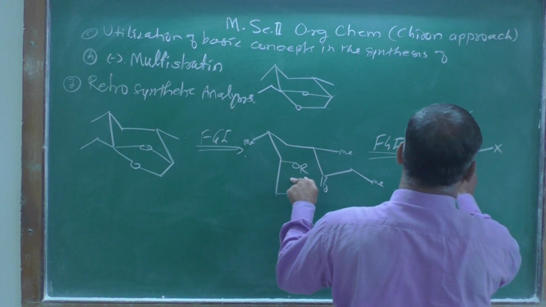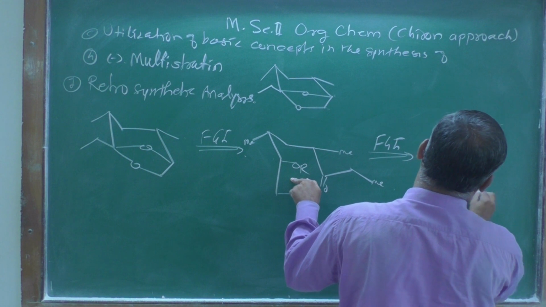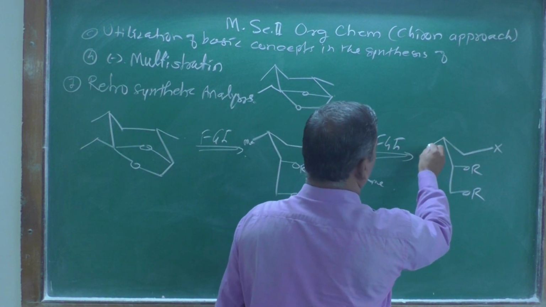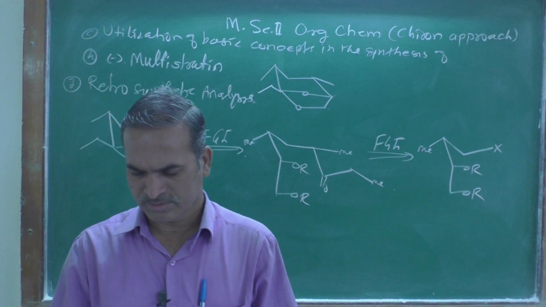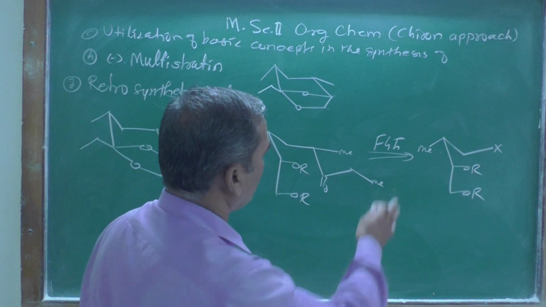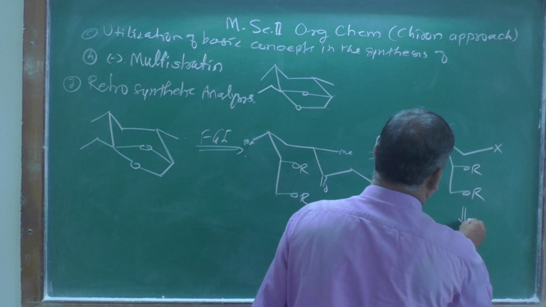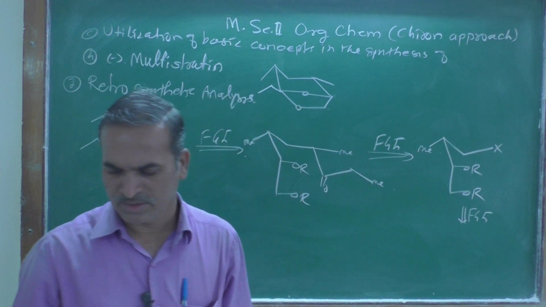This is an X, and here you can put OR and OR, and this side only a methyl 2, because we are doing this retrosynthetic analysis. Now this one, again do the FGI, functional group interconversion.